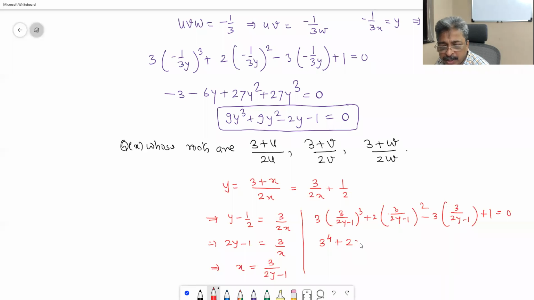I am not going to make any kind of hurry, into 9 into (2y minus 1), that is first power, minus 3, then into 3 into (2y minus 1) bracket square, plus (2y minus 1) bracket cube is equal to 0.